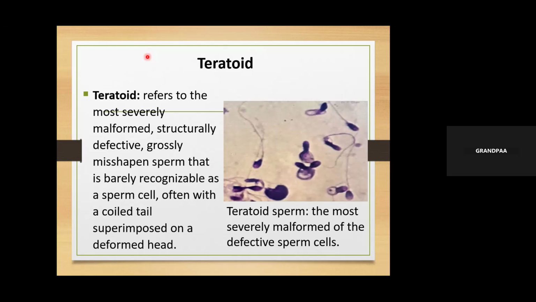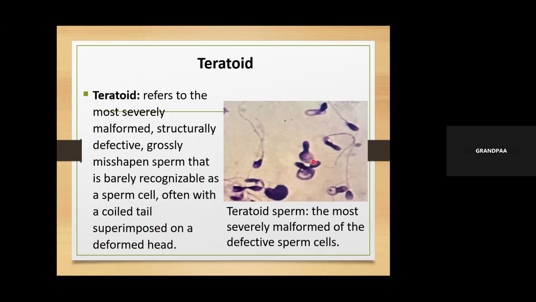A teratoid refers to a severely malformed, structurally defective, and grossly misshapen sperm, barely recognizable as a sperm cell, often with a coiled tail superimposed on the deformed head.